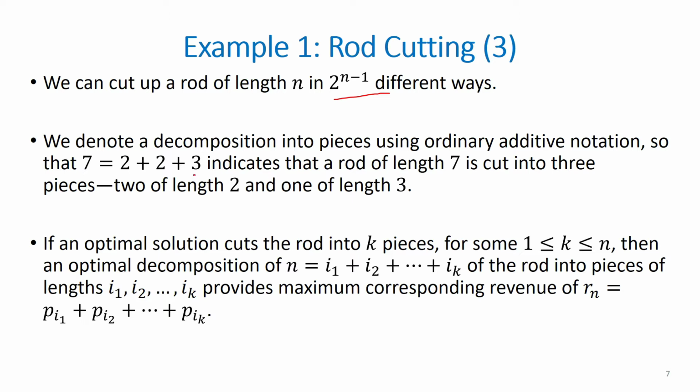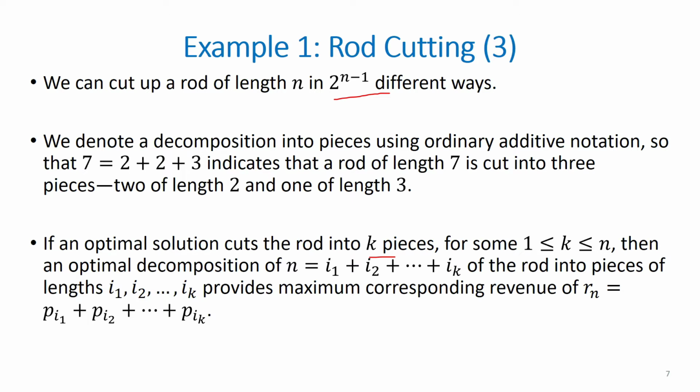To formulate it, we can say that if an optimal cost is obtained by cutting the rod into k pieces, where k takes values from 1 to n, then an optimal decomposition of the n value would be i1 plus i2 plus all the way up to ik.